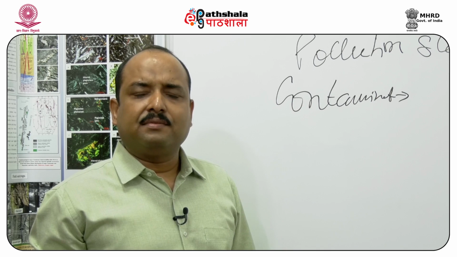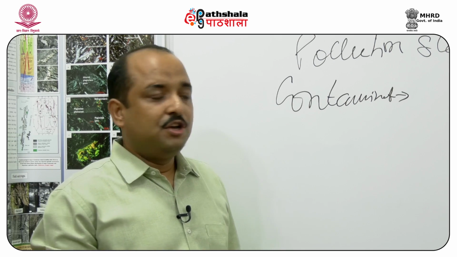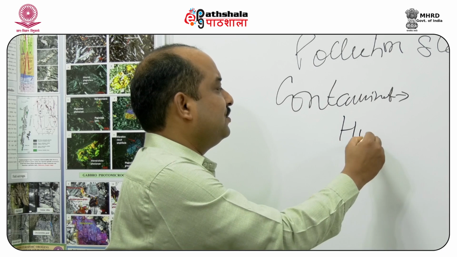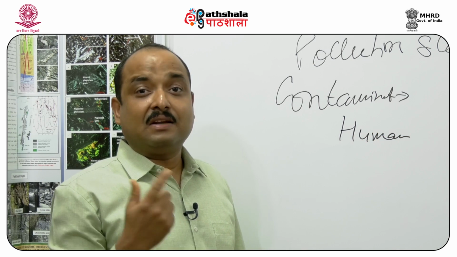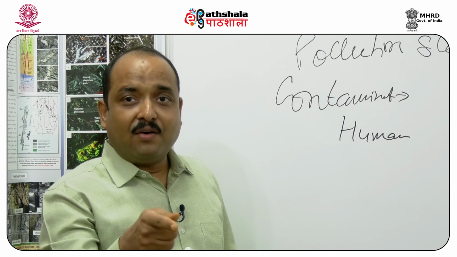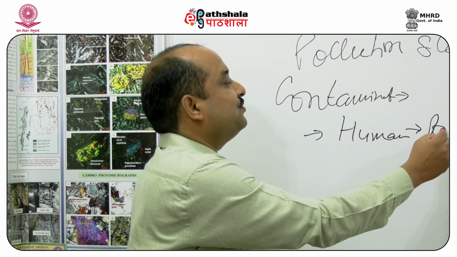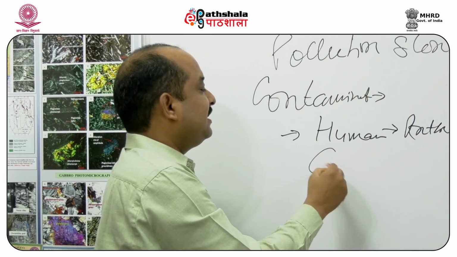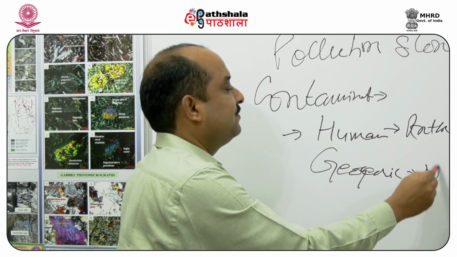If we go by this, then contamination can be both geogenic or anthropogenic. Geogenic means human induced, while anthropogenic, no. That's not the way. Many of you will be confused. It's the other way around. Anthropogenic is human induced and geogenic is nature induced.